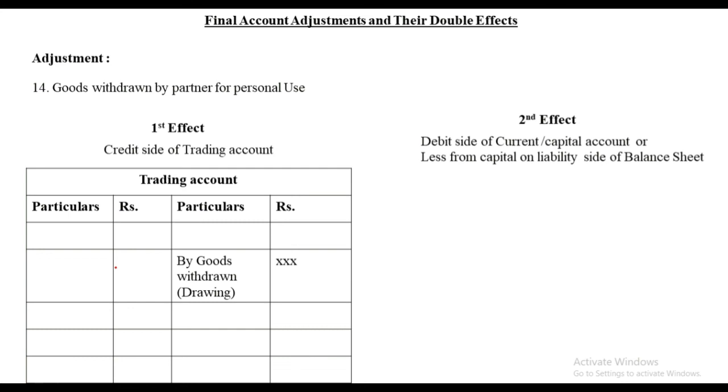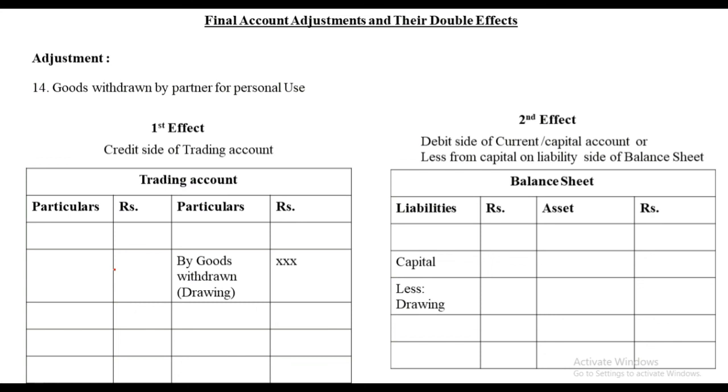So the first, it will be on the credit side, by goods withdrawn, we can write it as drawings, and secondly from capital it will be less drawings. Now capital can be the capital of any respective partners. That's adjustment number 14.